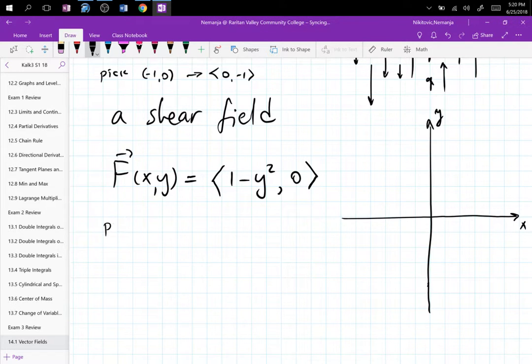So now, if we pick the point 0, 0, what's happening with the vector at 0, 0? Well, 0, 0 is here, and we see that the vector is 1, 0.